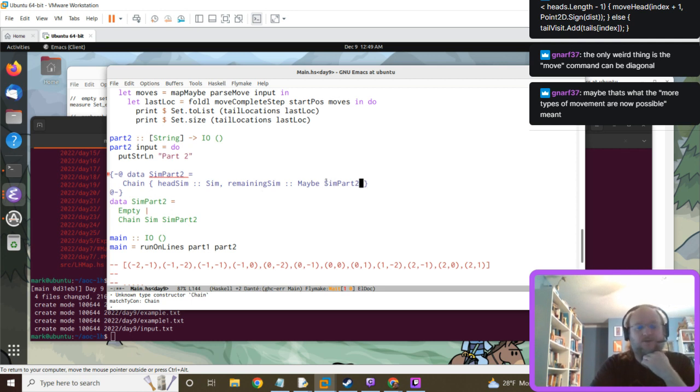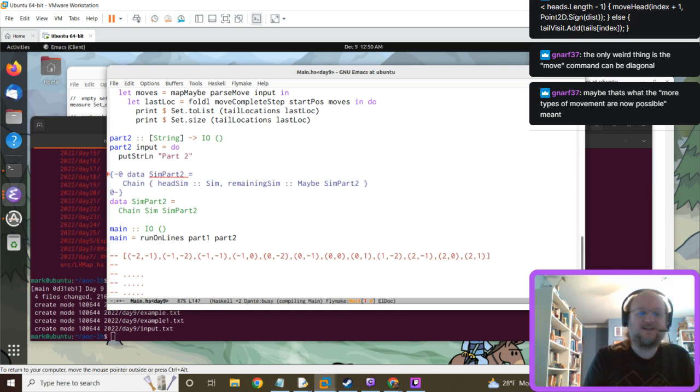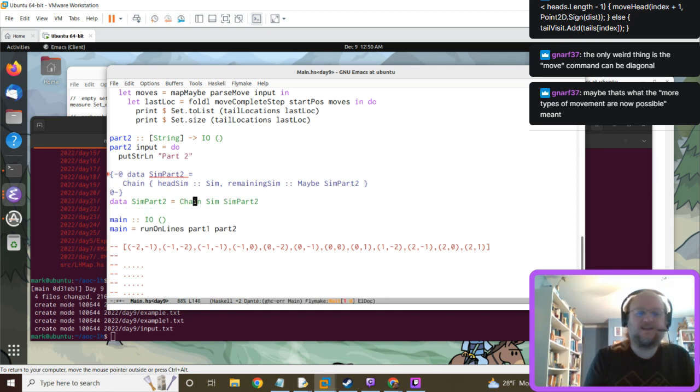So then I would always have a sim to work with. I'm not in love with this, but it removes the need to come up with some other way of telling is it empty or not. Let's try this.